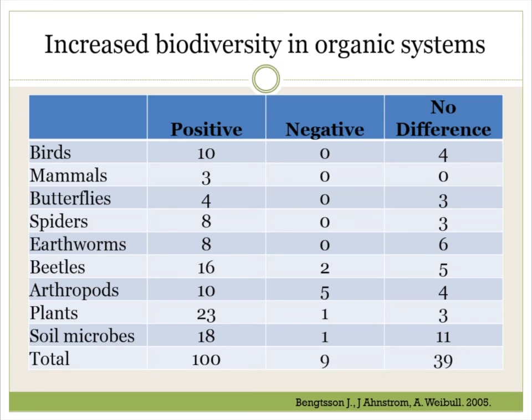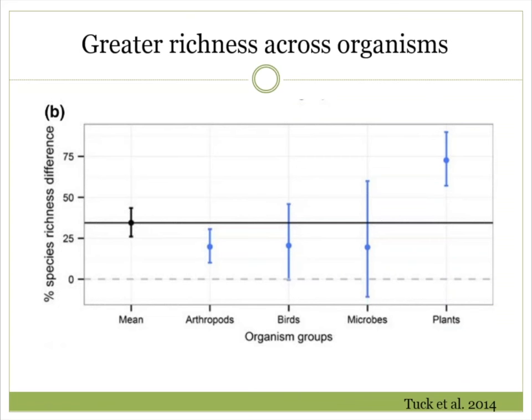And consistently there is a positive outcome for biodiversity, depending on whichever taxa you're looking at. Very few negative outcomes and then some where there's no difference. So I think from a research and science perspective, we can comfortably and accurately say that organic farming benefits biodiversity. And it benefits biodiversity in a meaningful way.